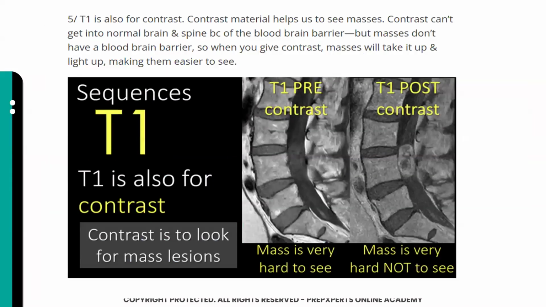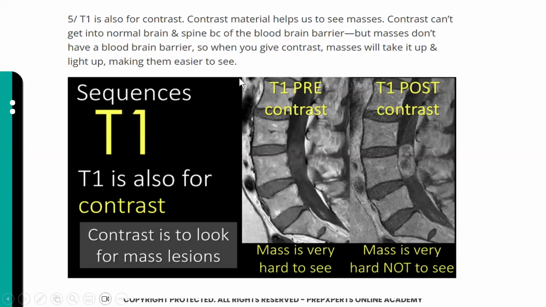What happens in T2? Okay, so for T1, another thing. Whenever we are giving contrast, the sequence that we acquire after giving contrast is T1. So whenever you see an image which is post contrast, that is T1 post contrast. Do not confuse it.